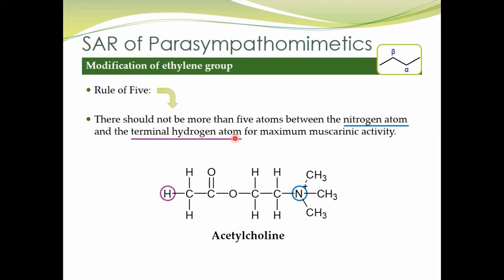Terminal hydrogen atom means this is the terminal hydrogen atom, the end of the chain. Between these two atoms, there should not be more than 5 atoms. So these are 1, 2, 3, 4, 5 atoms. 5 atoms are perfect for maximum activity. If it is more than 5, then activity decreases.